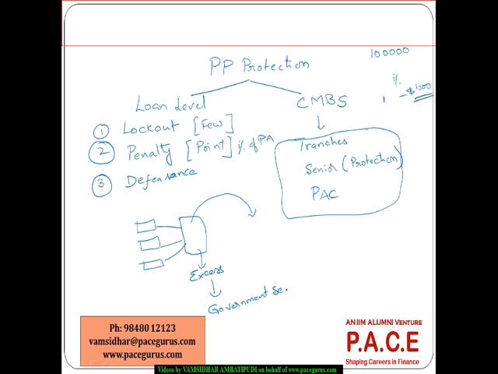The SPV is going to invest this amount in the government securities, so that the CMBS investors can be paid off comfortably.